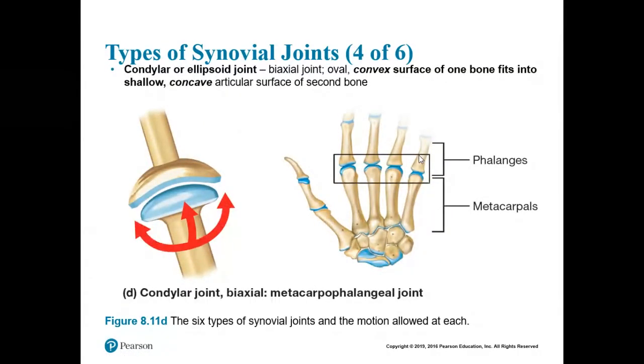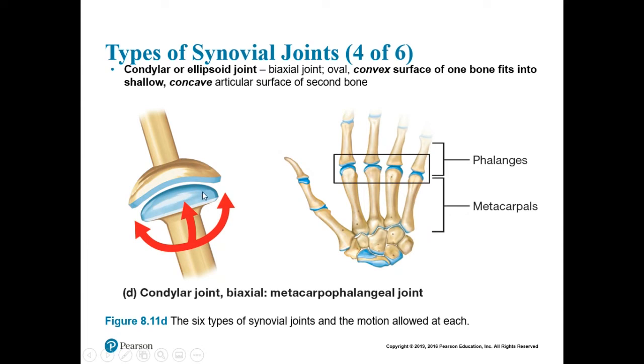Condylar or ellipsoid joint is next. This occurs within the metacarpophalangeal joints. So metacarpal bones 1, 2, 3, 4, 5 joining the phalanges make up this ellipsoid joint. What's happening here? This is a biaxial joint, as we've already talked about.